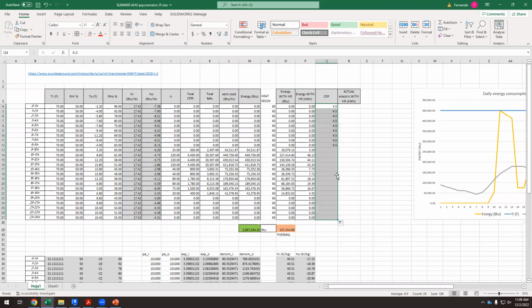All the way down. And now this is electricity equals electricity divided by COP. And we go down. Okay. And now we have to select the maximum. So I'm going to copy this here.